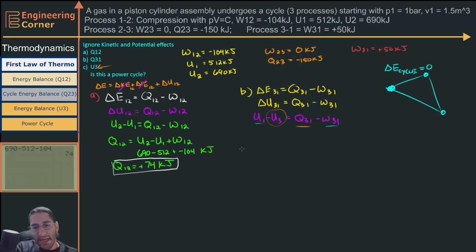So what I can say is my change in energy of a cycle is equal to the heat transfer of my cycle minus the work of my cycle. Well, this goes to 0, so I have the heat transfer of the cycle is equal to the work of the cycle.